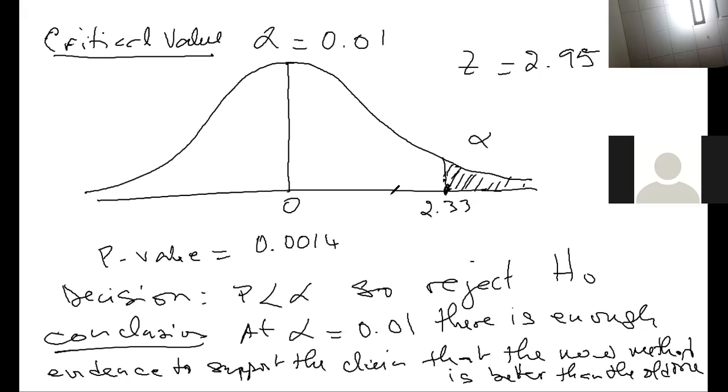Is 2.95 less than 2.33 or greater than? It's greater than, so it's in the critical region. So it should be somewhere here. The area to the right of the test value is the p-value. So as it is small, it means the test value is in the rejection region.